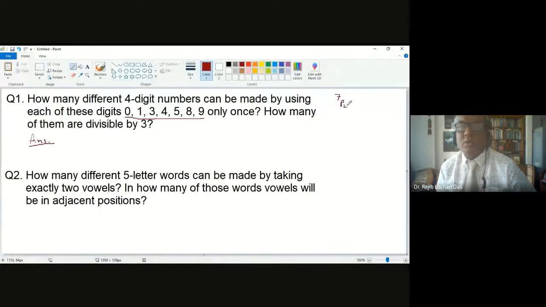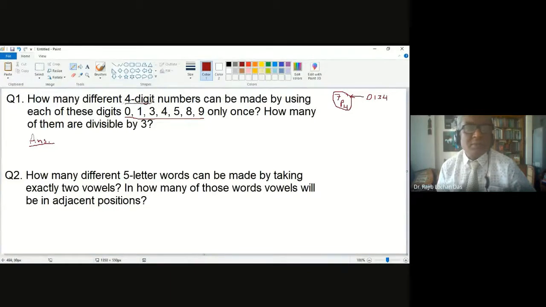But if you write 7P4, that will be wrong, because in the 7P4 there will be some numbers starting with 0. So if there is a number like 0, 1, 3, 4, this is also included in the 7P4 list. Then this is not a 4-digit number.